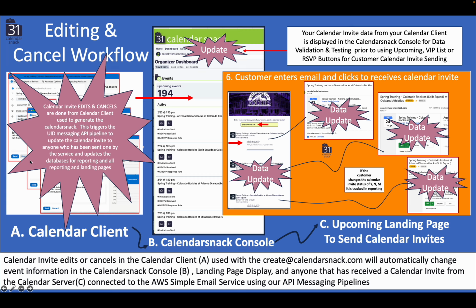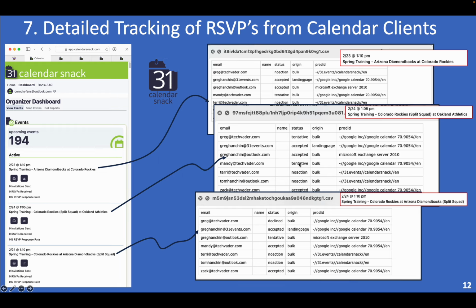The calendar client itself can be updated, because we pin the UID in the Dynamo database, and when people make any additional corrections to the calendar client itself, it auto flows into AWS and updates all the landing pages and the surface interface of the console for data reporting, and then on to the data updates to anybody that has received a calendar invite from the bulk list runs or the upcoming landing pages.